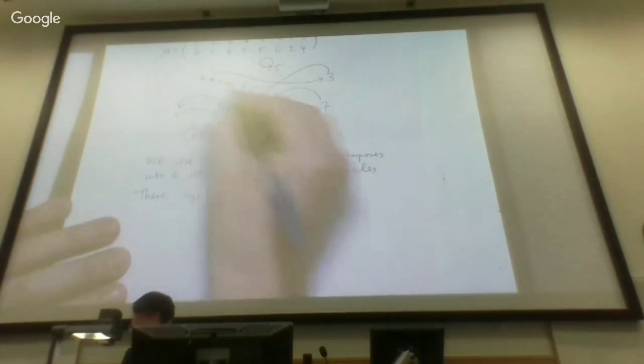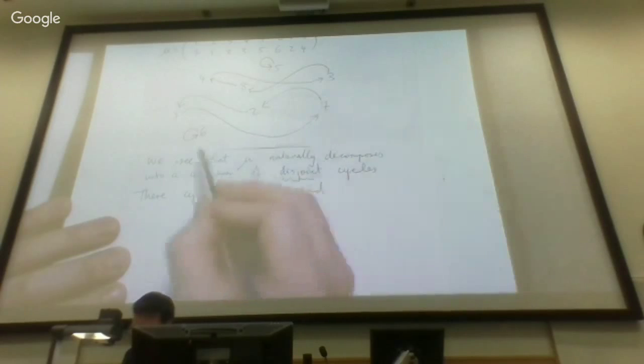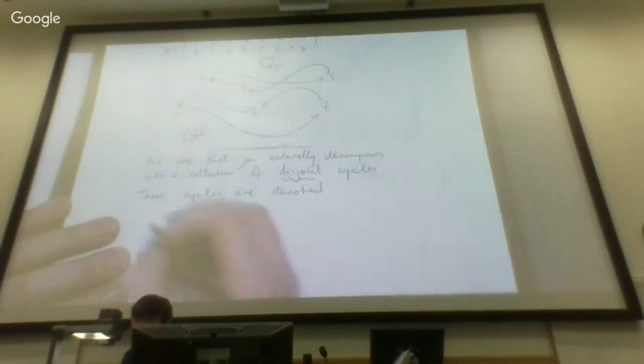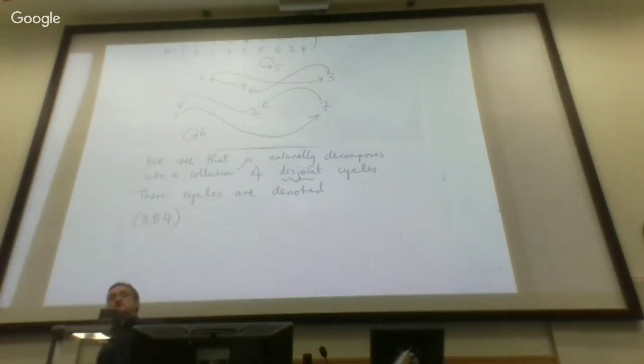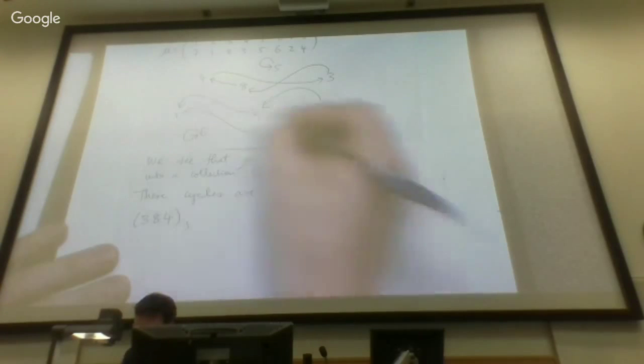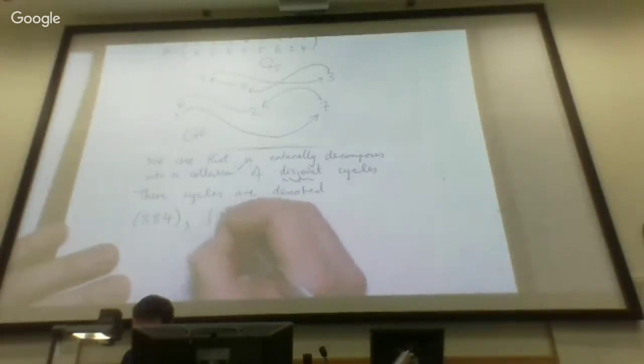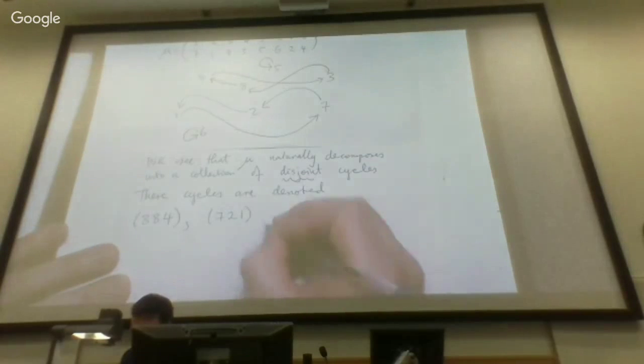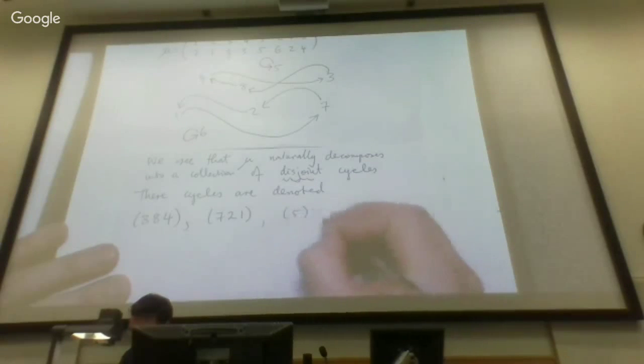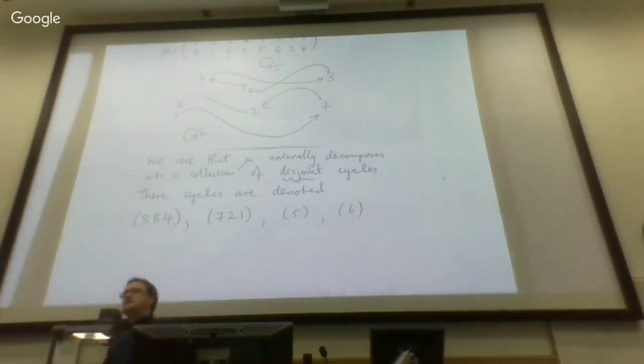For this cycle here you have to get the order correct, so it goes 3, 8, 4. 3, 8, 4 is the notation for the black cycle. The blue cycle is 7, 2, 1. And then you've got these two trivial cycles of length 1, 5 and 6.